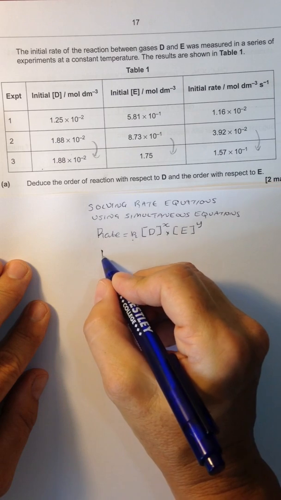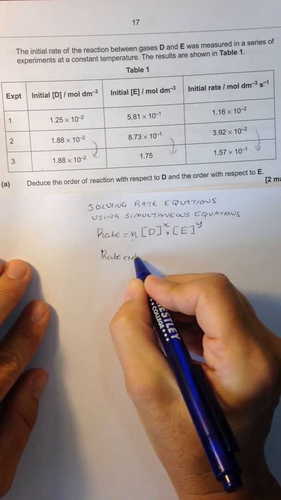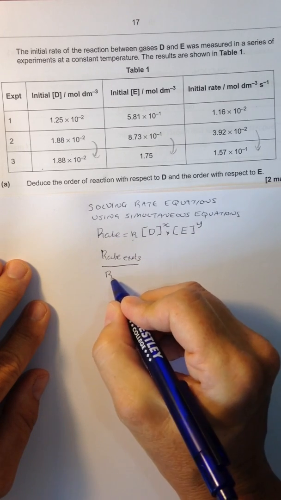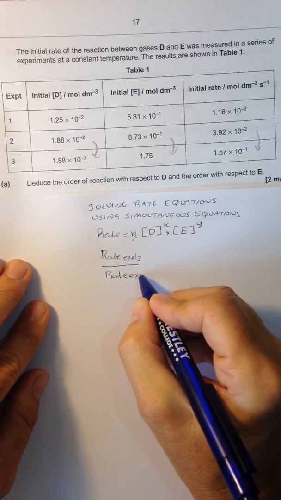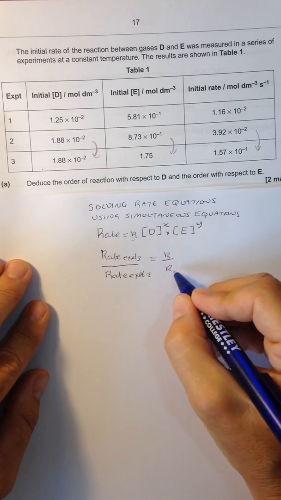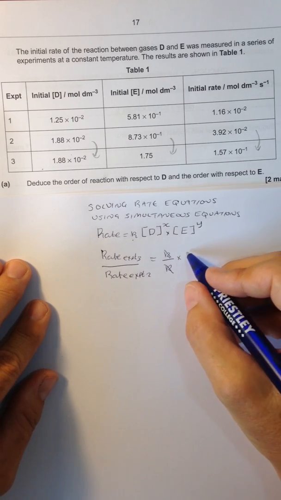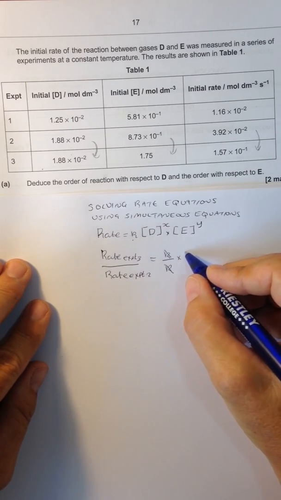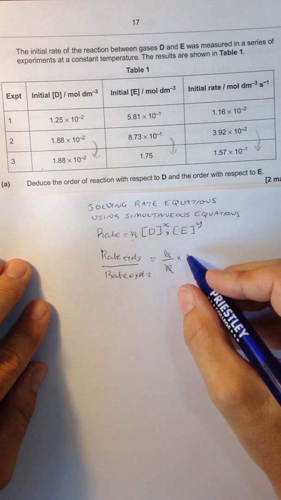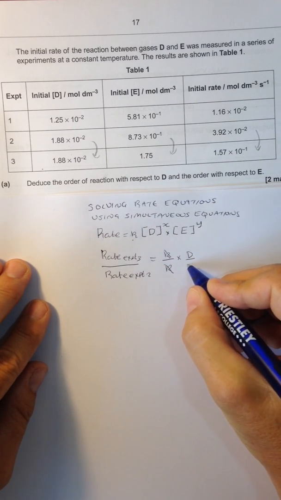So we'll say that the rate in experiment 3 divided by the rate in experiment 2 is equal to the rate constant divided by the rate constant, that will cancel out, multiplied by the concentration of D in experiment 2 divided by the concentration of D in experiment 3.